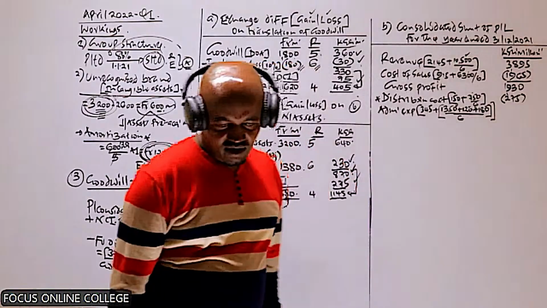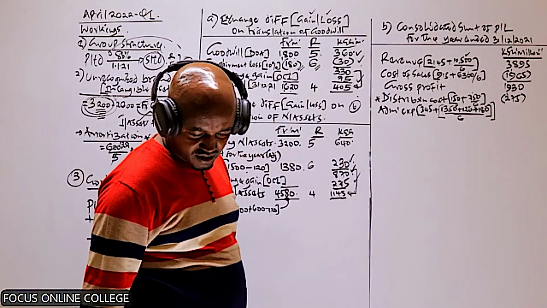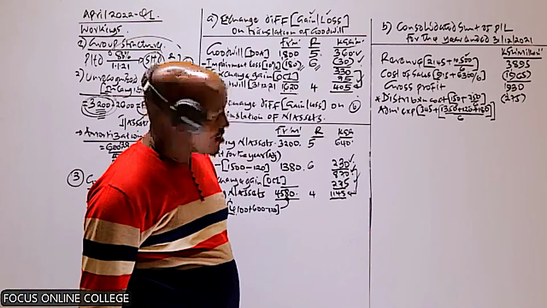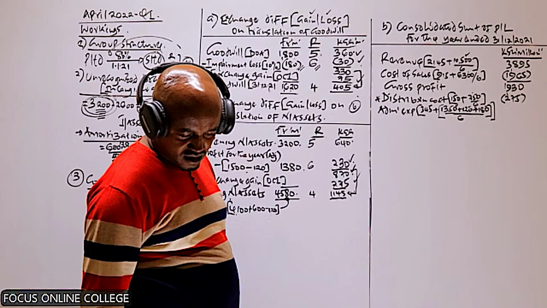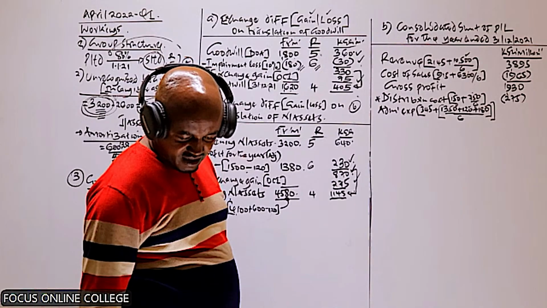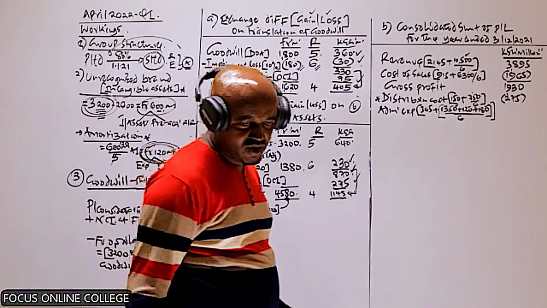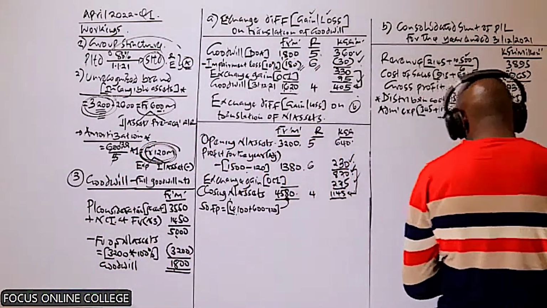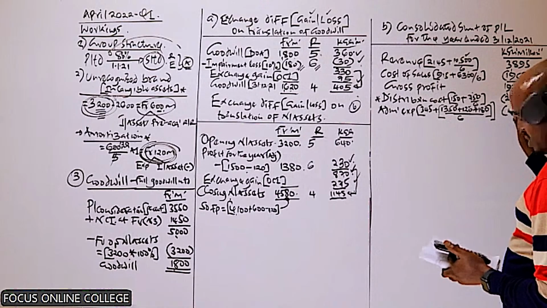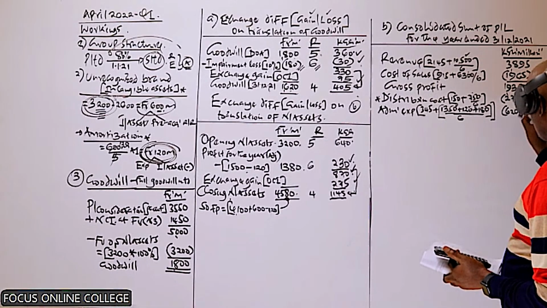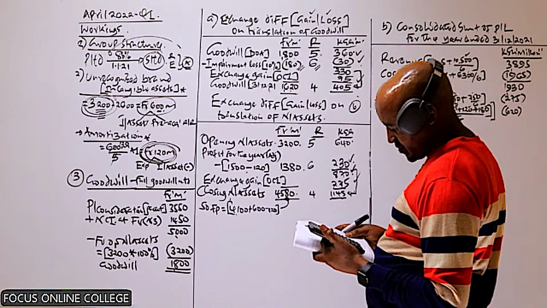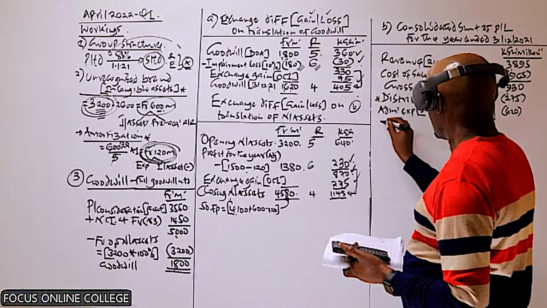So we take 1350 plus 120 plus 180. We divide that with 6. 275 plus 345. And in that case, I'm getting 620. I hope that is what you're getting. Is that what you're getting?